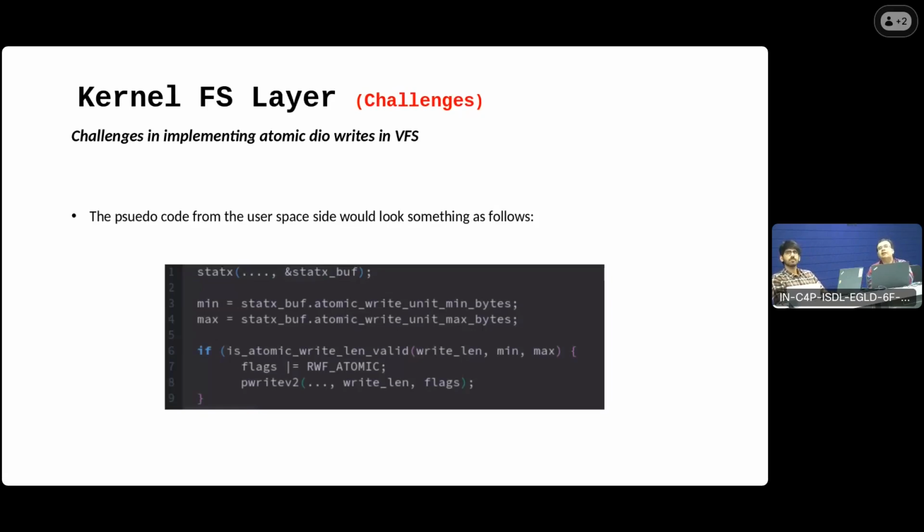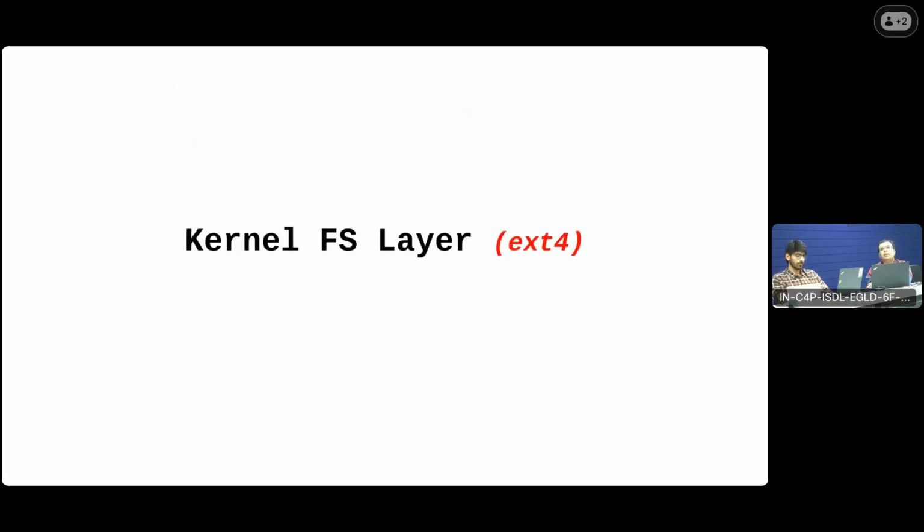Apart from that, you can get the min and max value and then look at what the write length would be, so that it is within the min and max boundary. Then we can do a pwritev2 call with the RWF_ATOMIC flag set, and that would basically make a write call to Linux to do atomic writes.